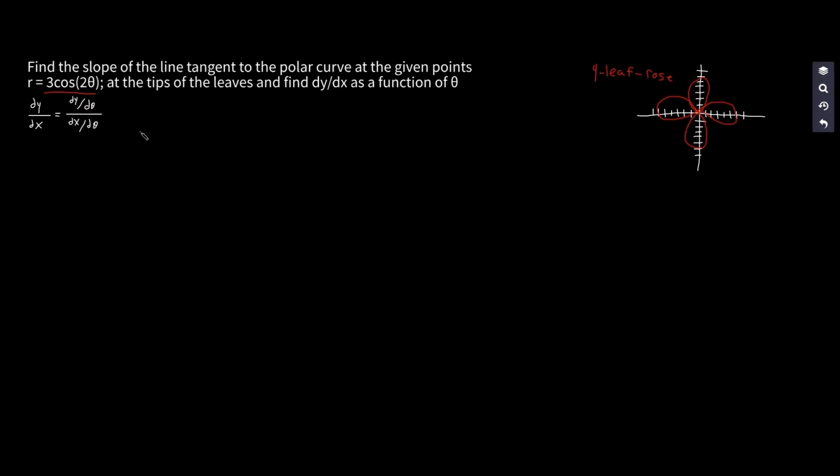First things first, we have to use our conversion identities, namely x equals r cosine of theta and y equals r sine of theta. So into both of these, we're going to plug in 3 cosine of 2 theta.